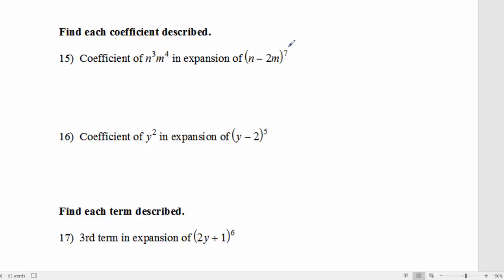So let's get going here. Row 7, this is what that tells me. I'm going to write down the coefficients of row 7: 1, 7, 21, 35, 35 again, 21, 7, and 1. So that's all the coefficients. I'm not going to be dealing with all of them. I only care about the one that has this term there. So how do I find that term?